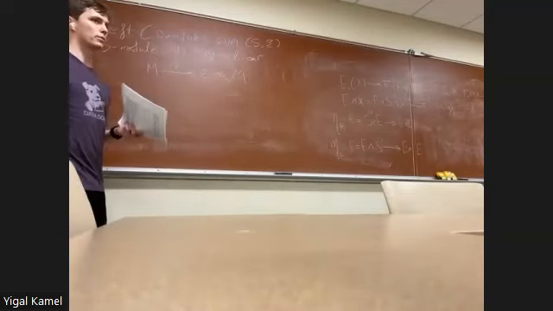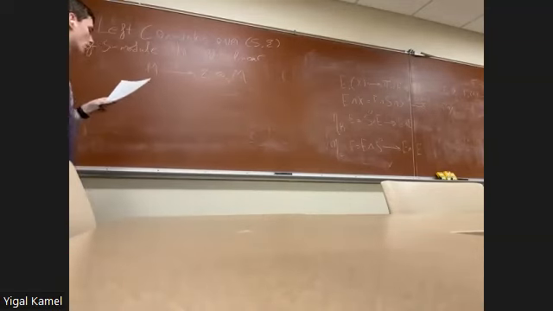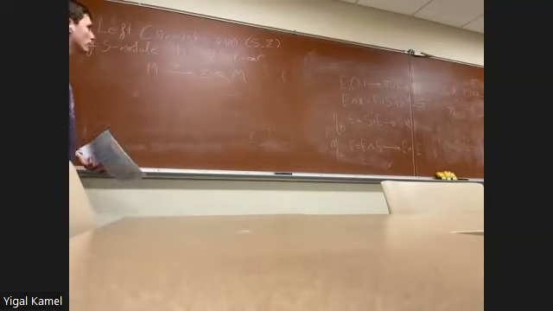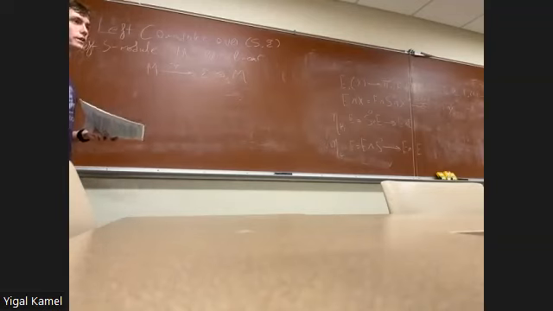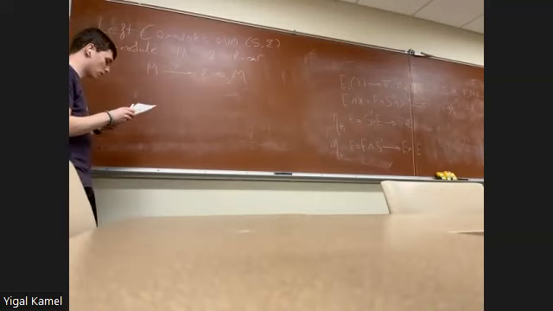It looks almost like a normal left module, except we have this tensor over S. And that has to be counital and coassociative, which is a bunch of diagrams that I'm not going to draw out. It is what you would expect it to be, basically.